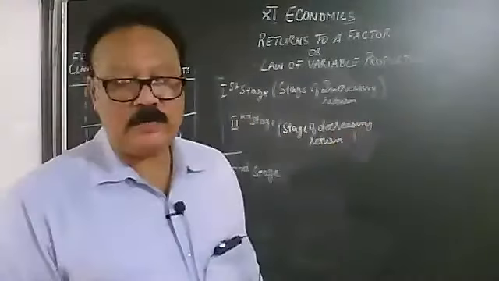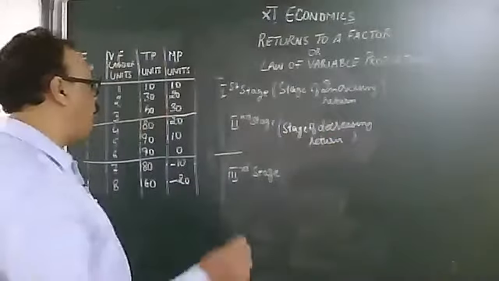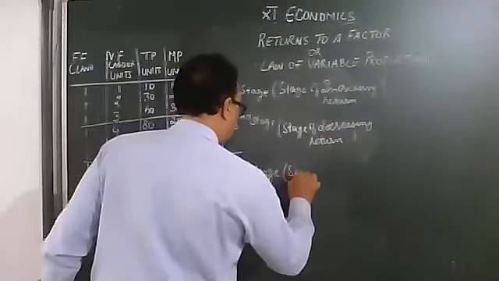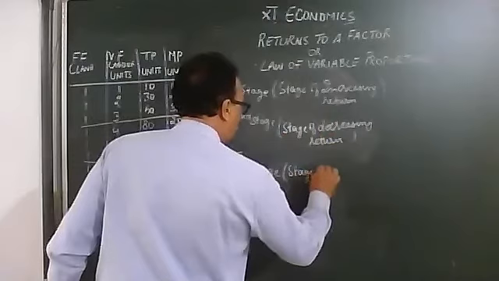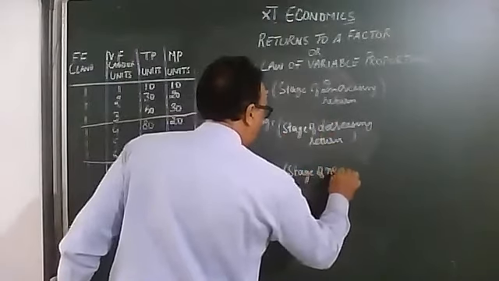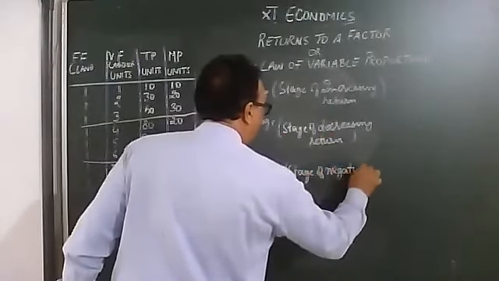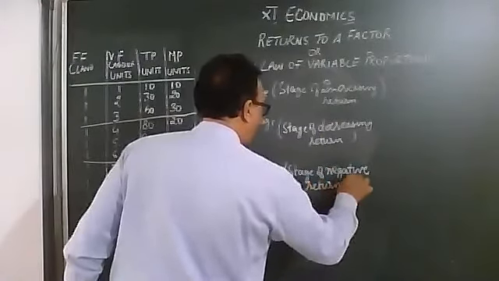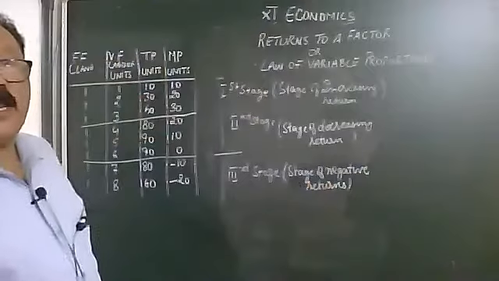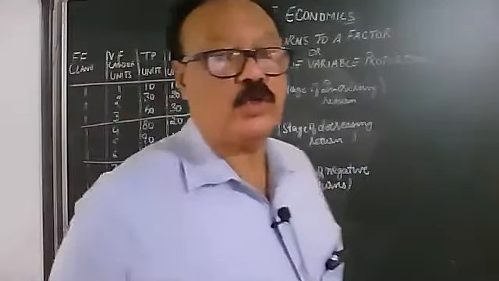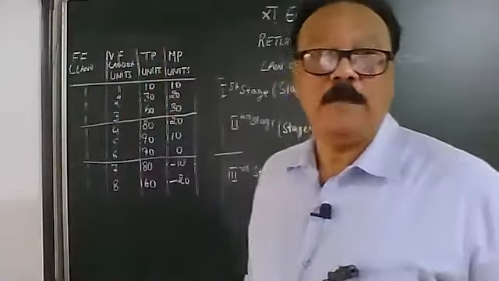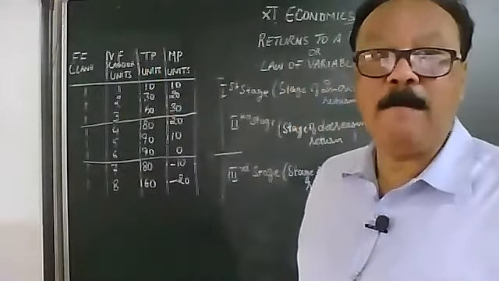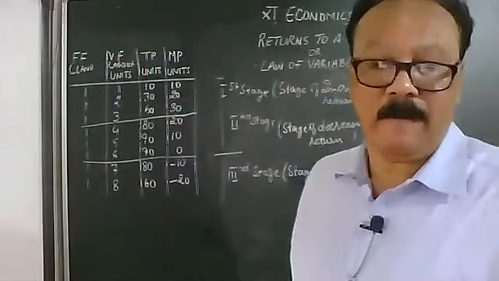And the third stage will be the stage of negative returns. So the law of variable proportions can be studied through TP or TPP and MP or MPP.